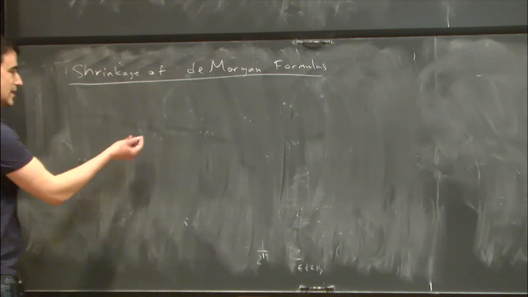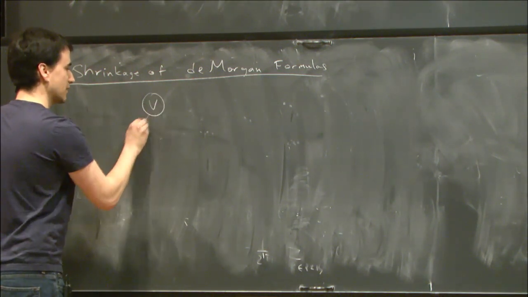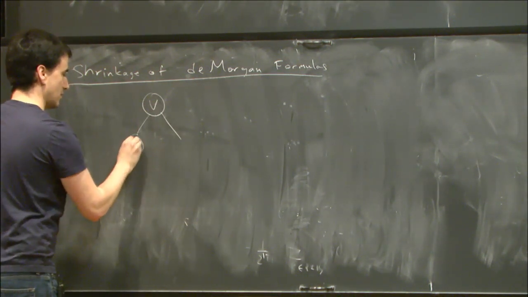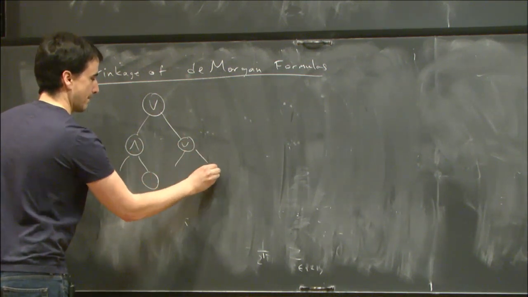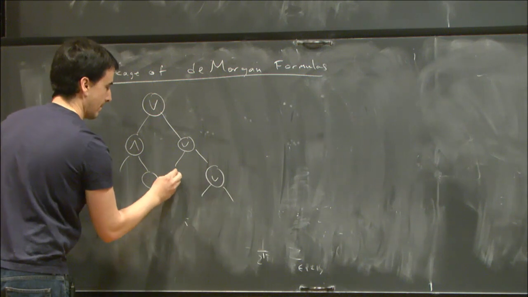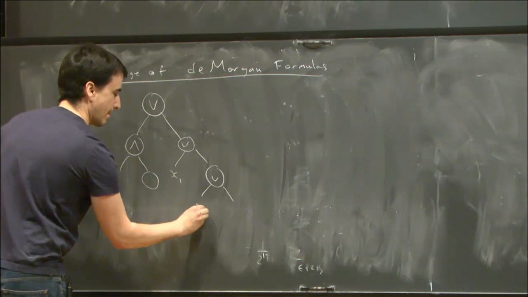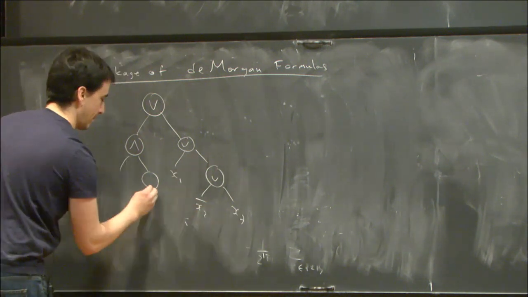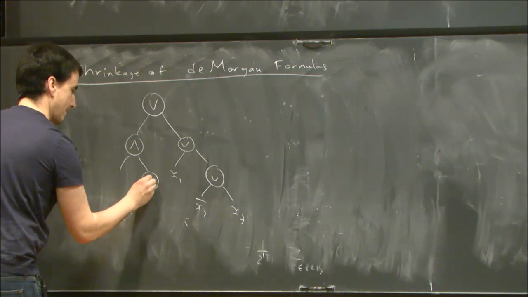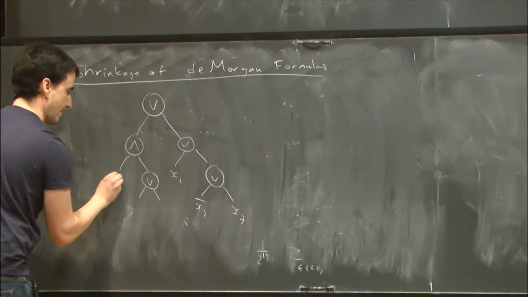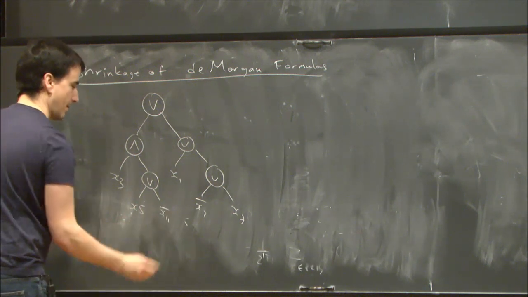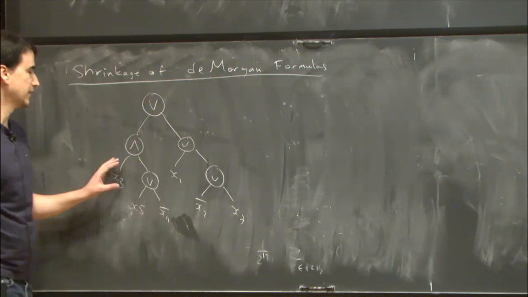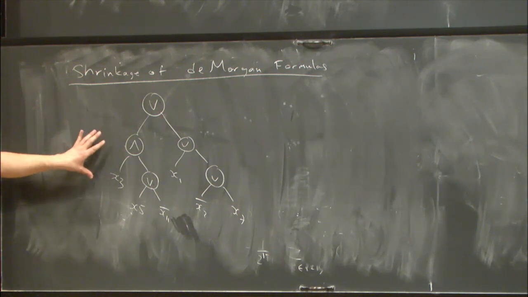Okay, so recall what the De Morgan formula is. We had this tree, something like this. We call it a formula.